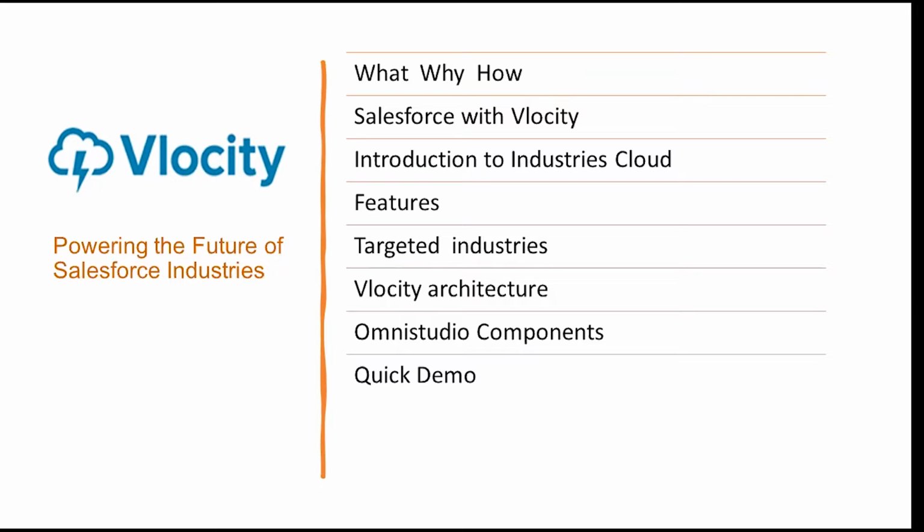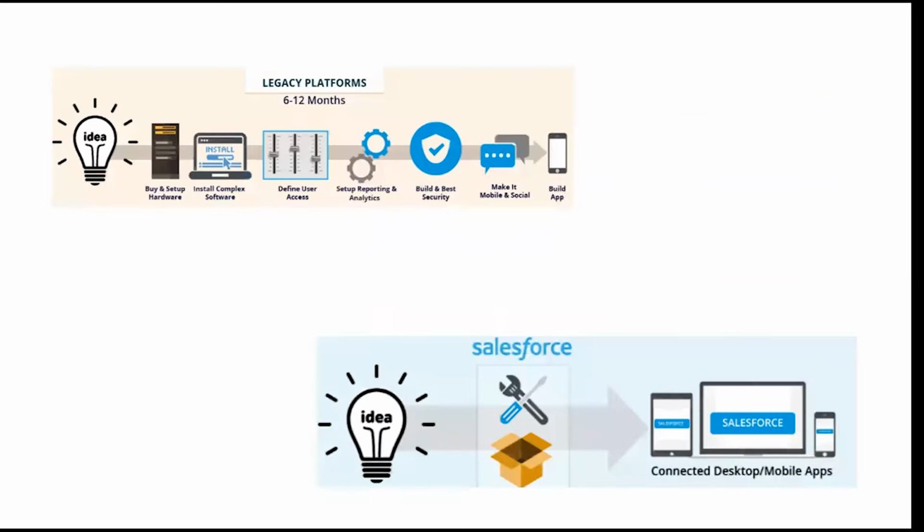By using Velocity, as of now, how many industries are targeted and using Velocity? Then the architecture of Velocity. After that we'll discuss Velocity Omni Studio components. Then, if time permits, we'll see a quick demo also. Is that fine? Let's move.